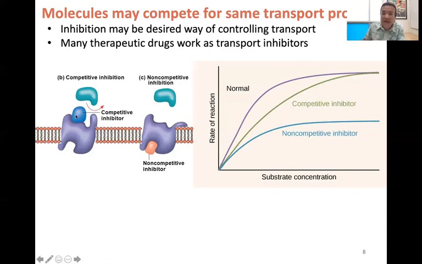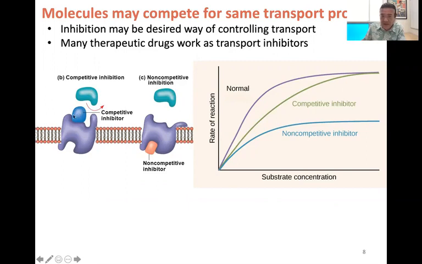So that would be an inhibitor. This navy blue molecule is inhibiting the ability of the transport protein to move the turquoise one. In this case, it's an either-or. At any given time, this purple receptor can bind the blue one or the turquoise one, but not both at the same time. And so it would take turns.